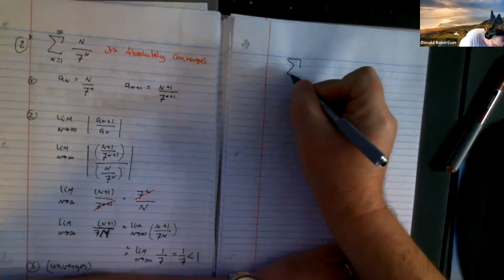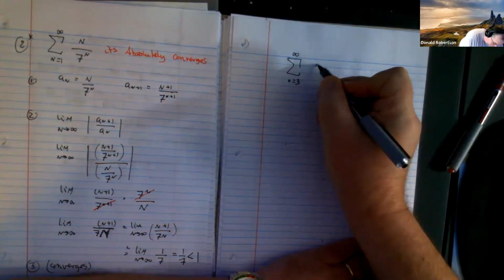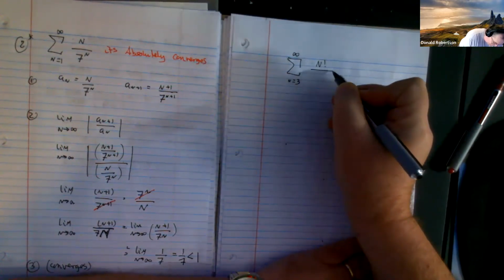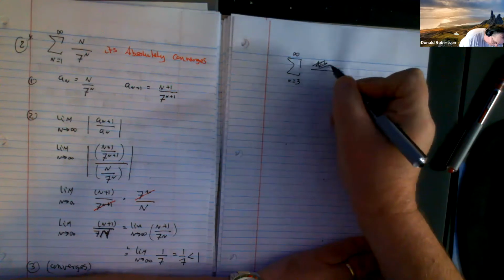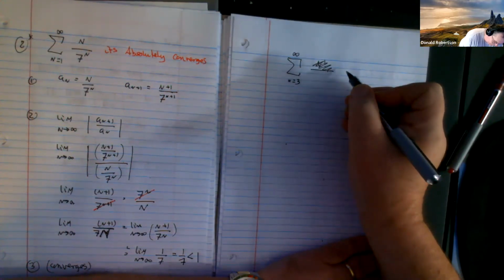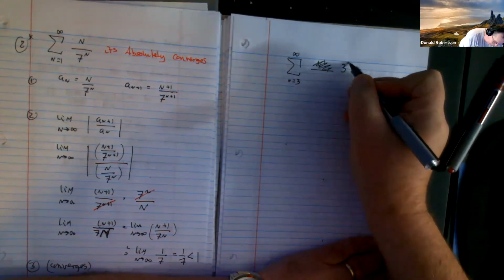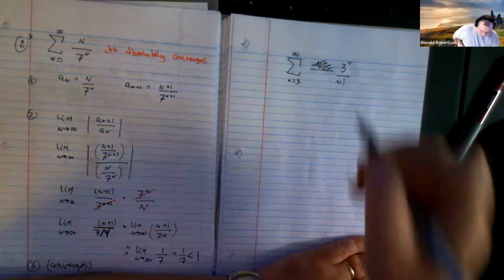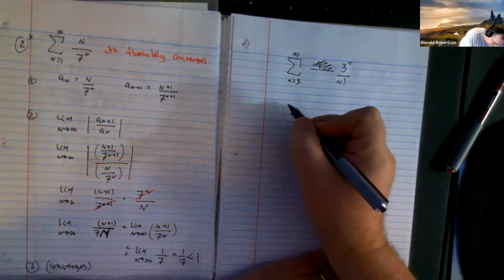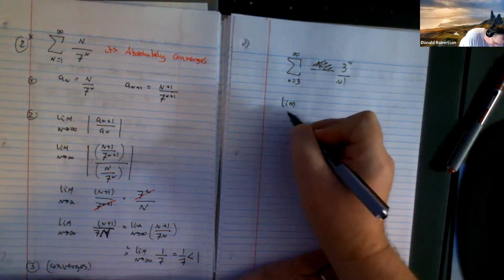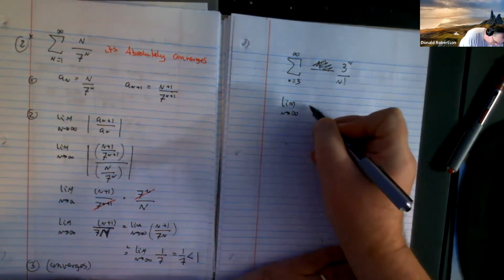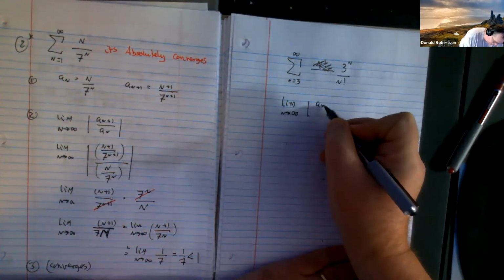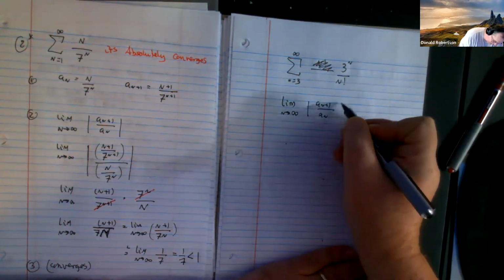Let's try another one. Do one with a factorial in it. Now we're going to do the limit as n tends to infinity of this guy over that guy.